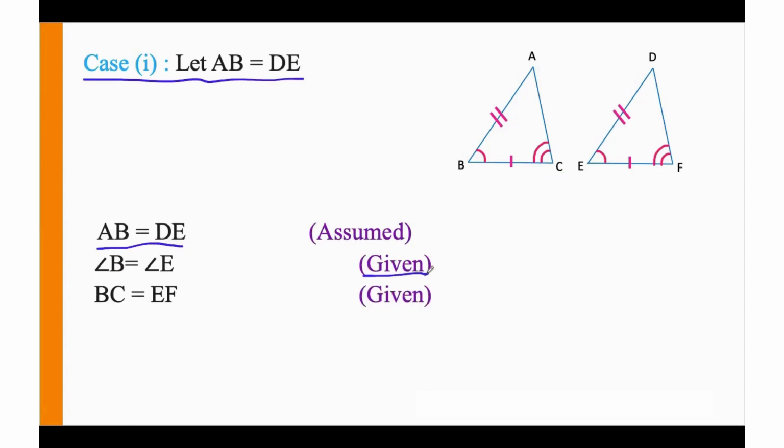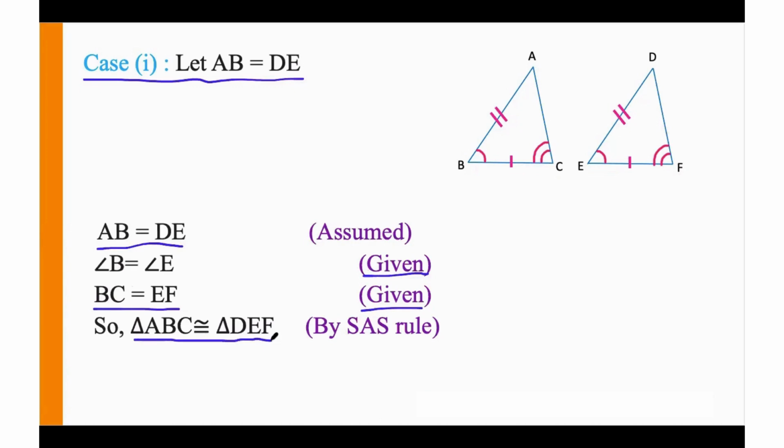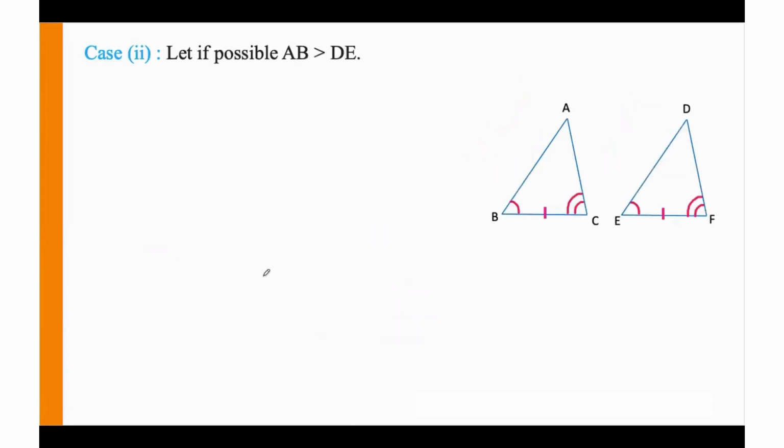And BC is equal to EF, that is also given. And so by SAS criteria, I can say that triangle ABC is congruent to triangle DEF.